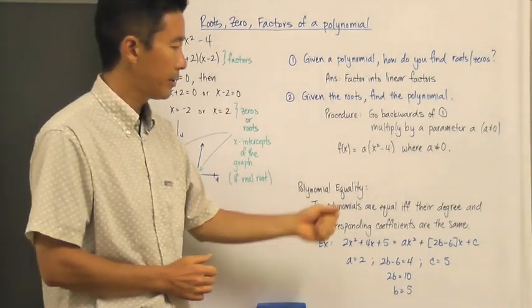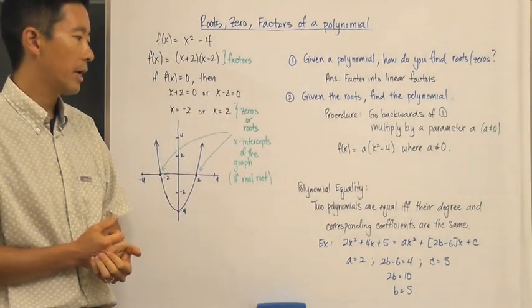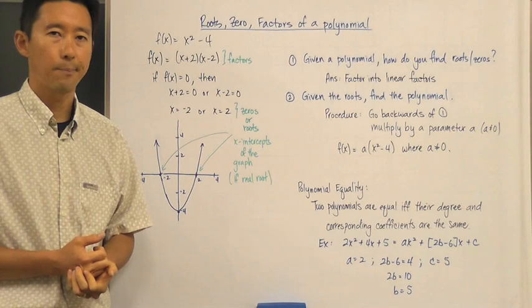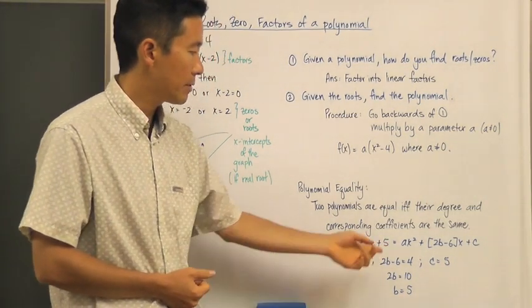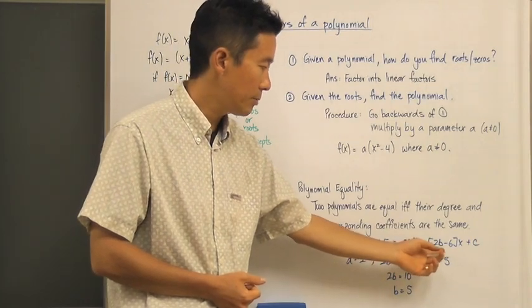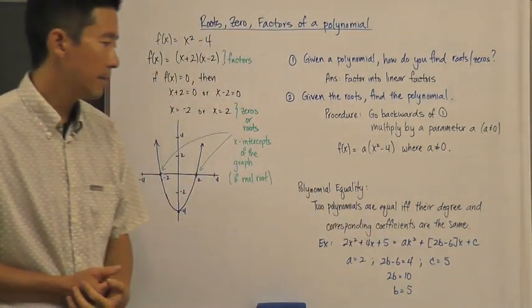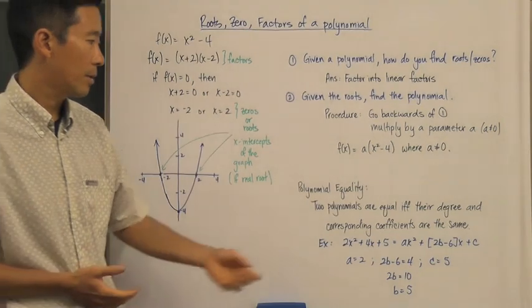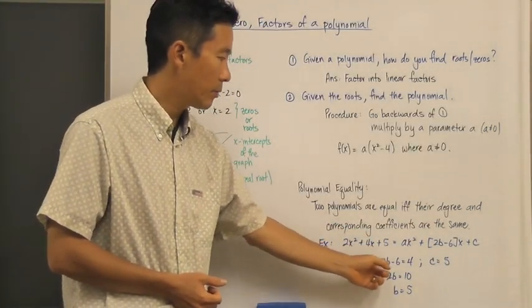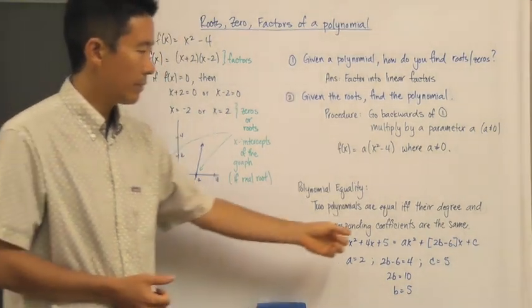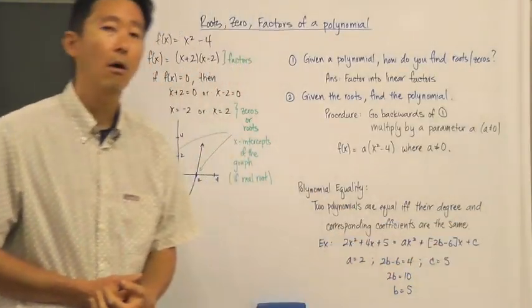We can say that two polynomials are equal if and only if their degree and corresponding coefficients are the same. So say, for example, we have 2x squared plus 4x plus 5 is equal to ax squared plus the quantity 2b minus 6 x plus c. Well, being that we know that the degree is the same, we can just equate the coefficients, and we can find out what the values of a, b, and c are.